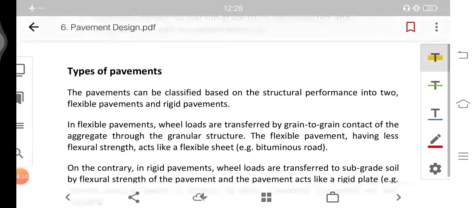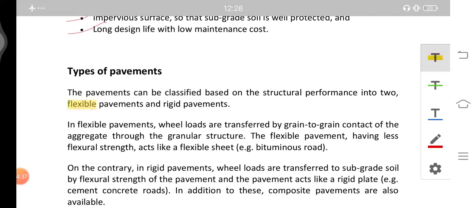So what are the types of pavements? The pavements are basically of two types, that is the flexible and the rigid pavements. In flexible pavements, wheel loads are transferred by grain to grain contact of the aggregate through the granular structure. The flexible pavement, having less flexural strength, acts like a flexible sheet.